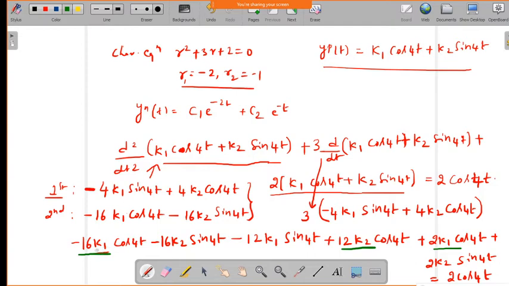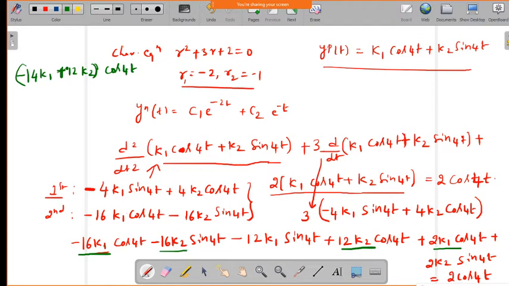So the equation is minus 16 k1 plus 12 k2, plus 2 k1. Plus 2 k1 and minus 16 k1, you will get minus 14 k1. So you get minus 14 k1 plus 12 k2, into cos 4t.